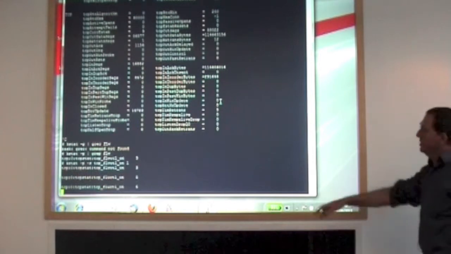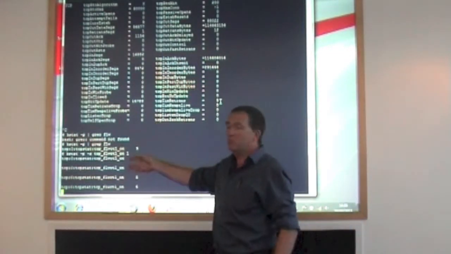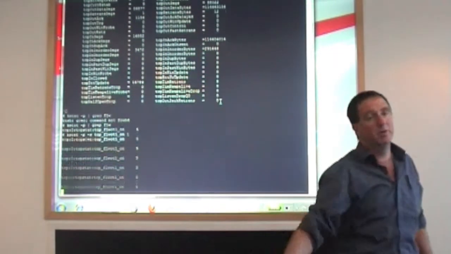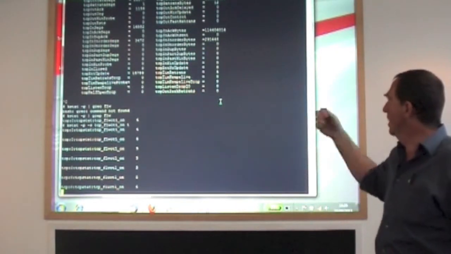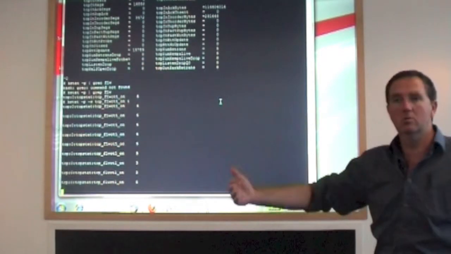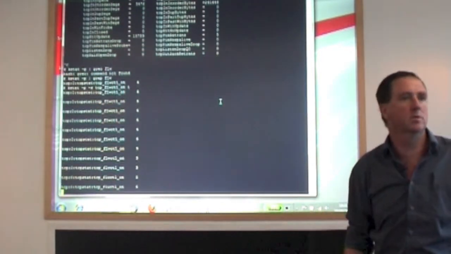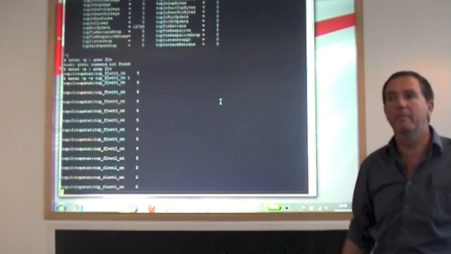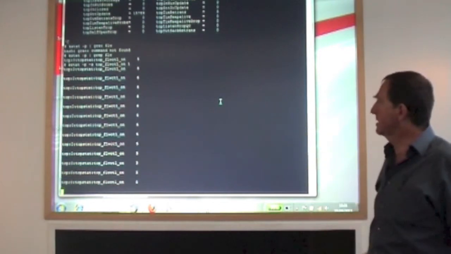So this one here means that TCP has set flow control on. So at some point in the history of this machine since it's been up, the flow control at TCP level has been enabled. So that means something is not keeping up. And there are isolated kstats like this.